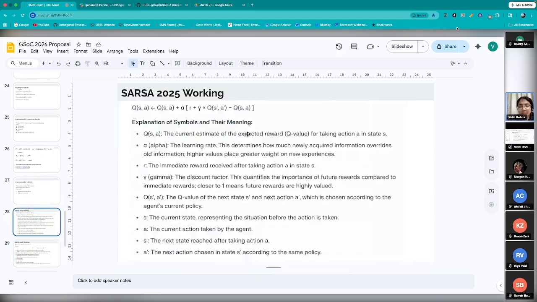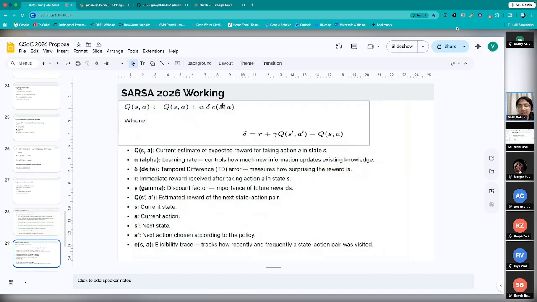This delta is the same as the term in the square brackets after the learning rate alpha. So we have alpha, delta, and this E, which is the eligibility trace, which tracks how recently and frequently a state action pair was visited. The state action pair visited in our case is nothing but a contributor and the task which has been done.